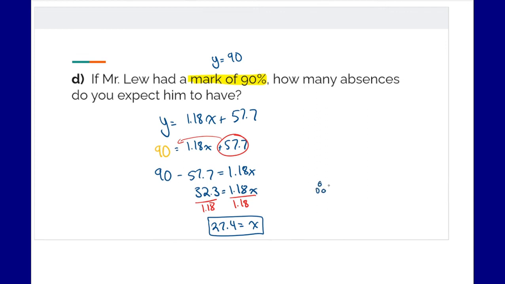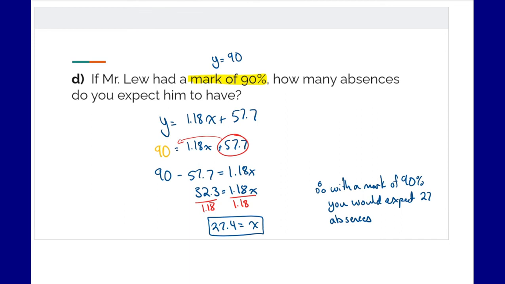So therefore, with a mark of 90%, you would expect, say, 27 absences.